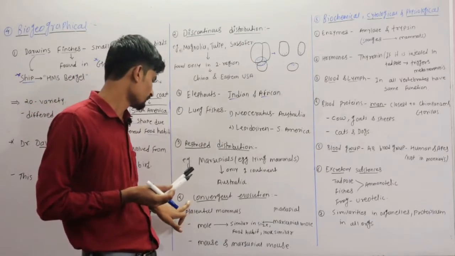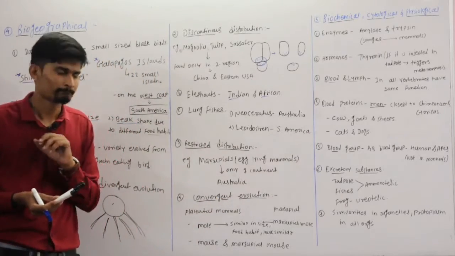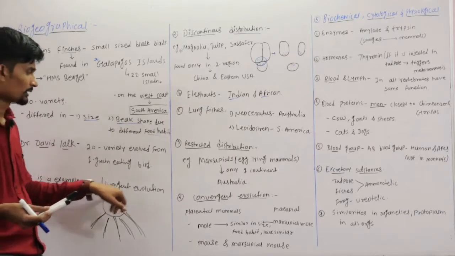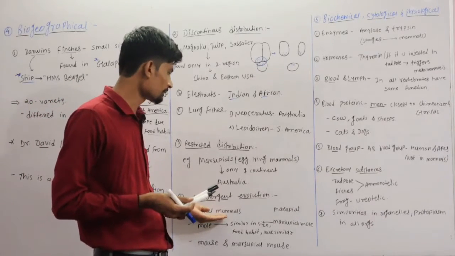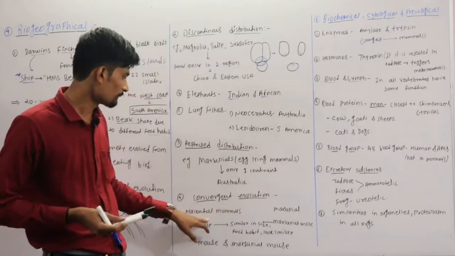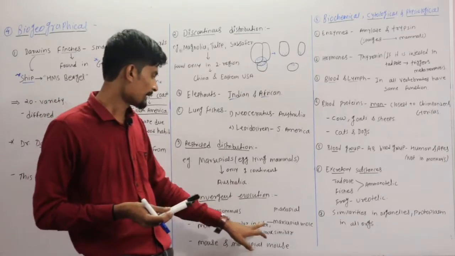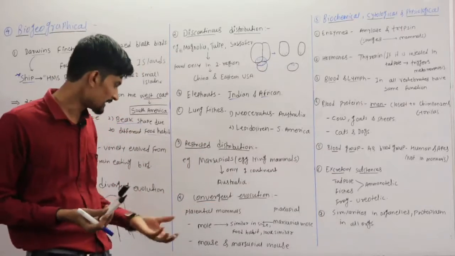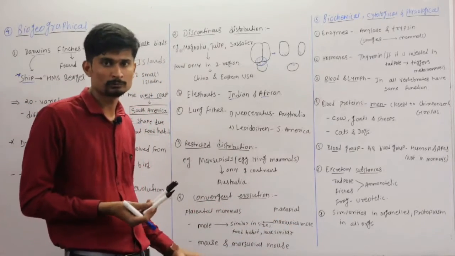The fourth example is convergent evolution. It is the opposite of divergent evolution. An example of convergent evolution is placental mammals and marsupials, for example the mole from the placental mammals and the marsupial mole. These are two different groups, the mole which is a placental mammal and the marsupial mole.